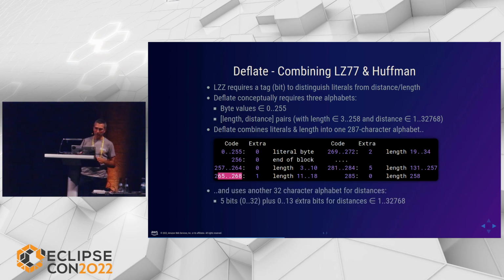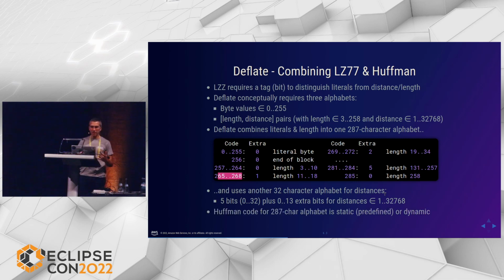and so on. And it uses another alphabet with only 32 characters to encode the offset, the back reference, the distance, and that's a value from between 1 and 32,000. And it uses the same trick, it only uses 5 bits to encode it, plus 0 to 13 additional bits.